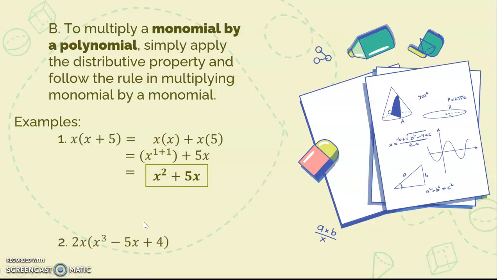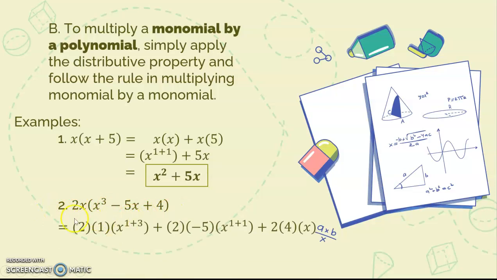Okay? So, next. Another, we have 2x times the quantity of x cubed minus 5x plus 4. So, distribute 2x to all the terms inside the parenthesis. So, we have 2 times 1 times x.